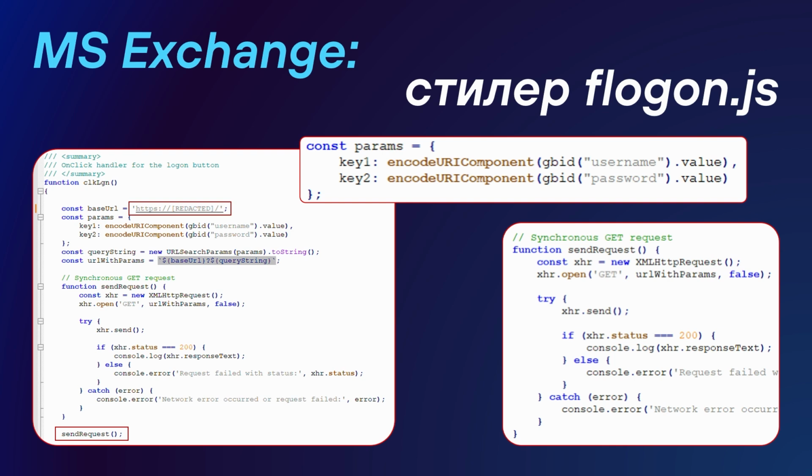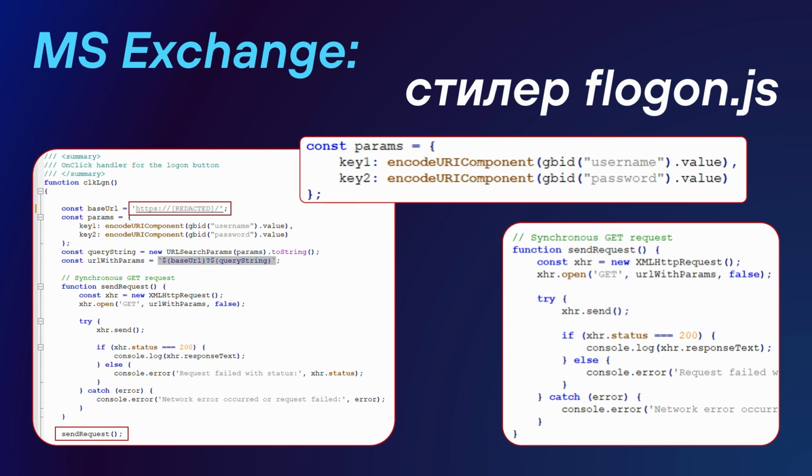A few components had been added. The variable with the web server address where the stolen login and password would be sent, called const params, a string rather, and a function which was responsible for sending the data.